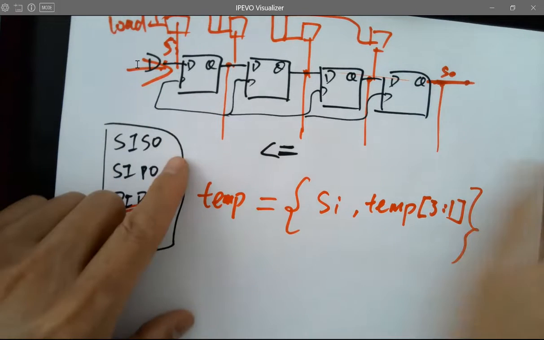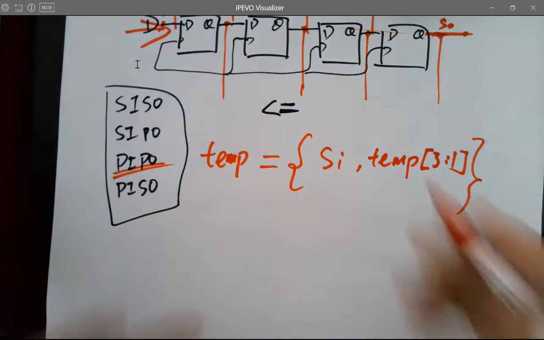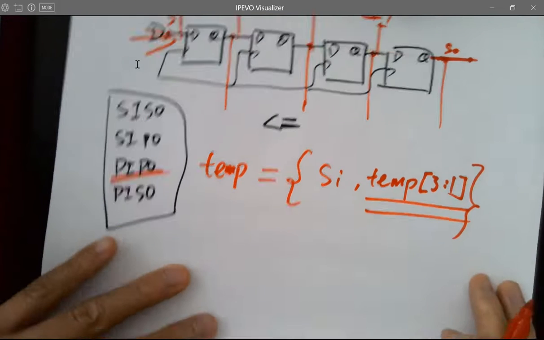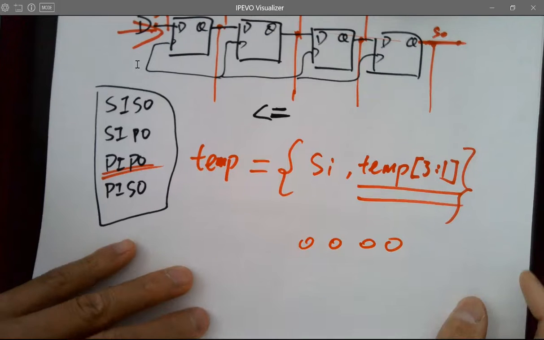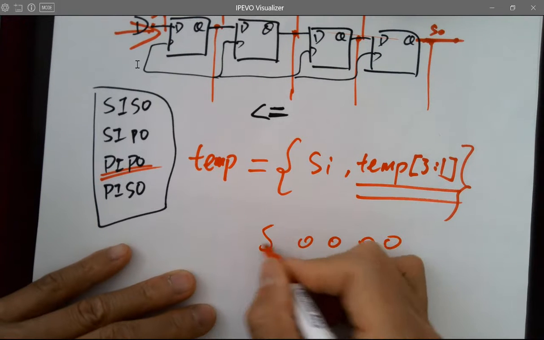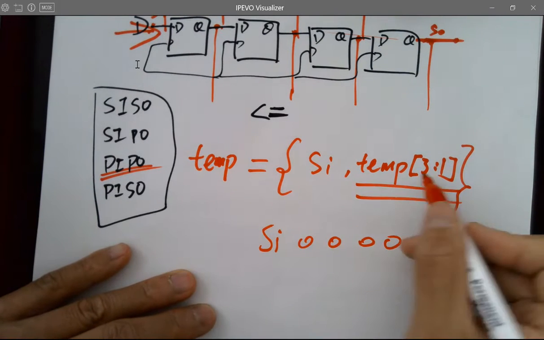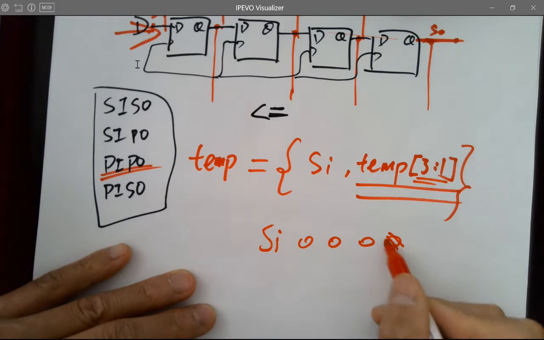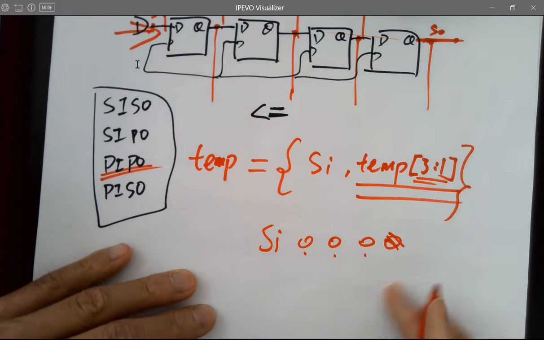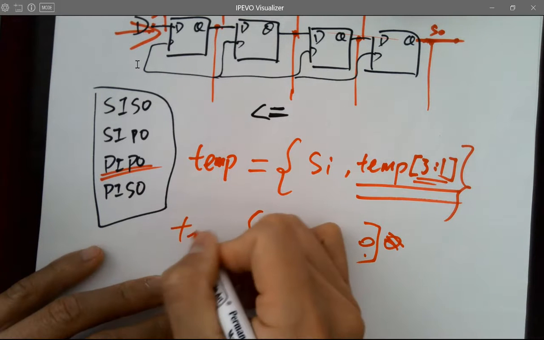And this used to be all zeros. So temp is a 4-bit data. It used to be all zeros. And now I got one new data. I put it here as the MSB. And I only take bit 1, 2, 3. That's 0, right? So I'm not using it. 1, 2, 3. So I'm going to use this one as a new 4-bit data and assign to temp.